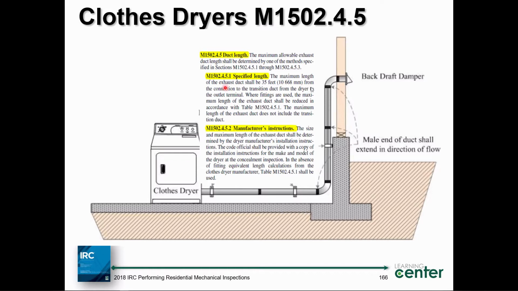If you do not know the manufacturer of the clothes dryer being installed, you are limited to 35 feet of dryer exhaust duct. Now, the dryer exhaust duct starts from the termination right here, includes the 90 here, all the pipe back to the dryer.